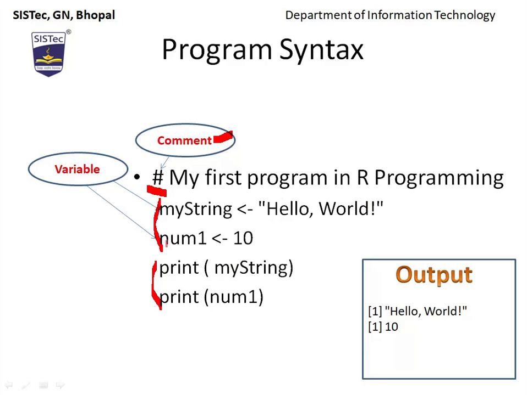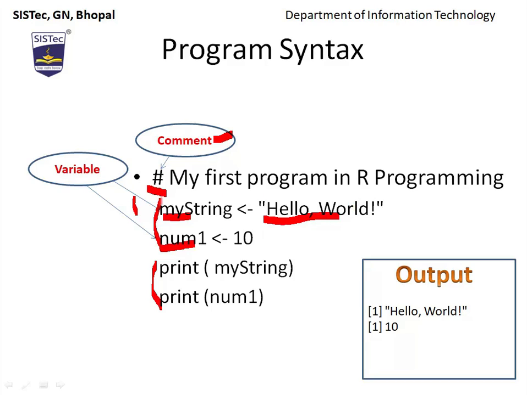Here we use two variables, myString and num1. But remember that we don't mention any type or return type for the variable. Similar to Python, it identifies the type by its value. In myString I have stored hello world, that is a string.